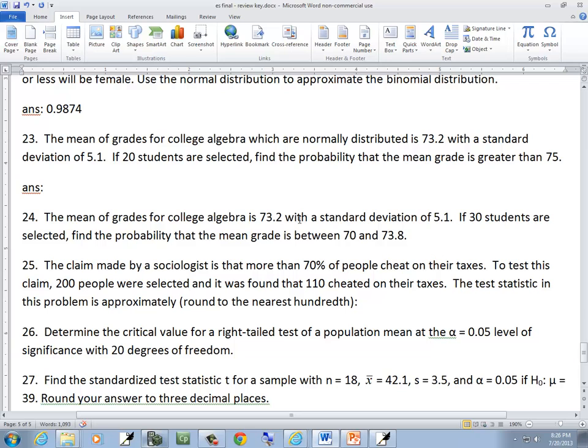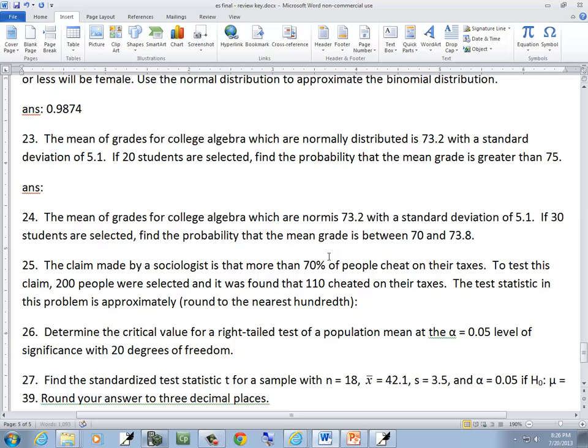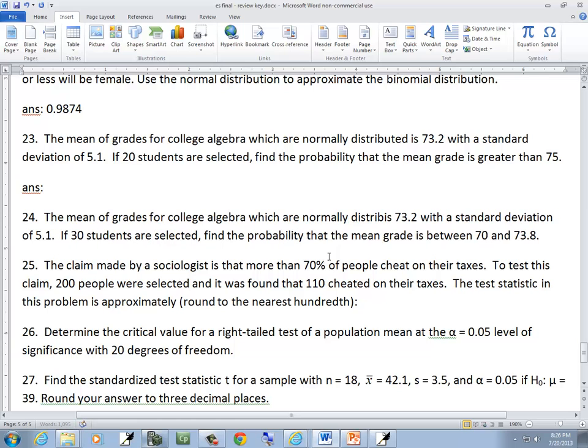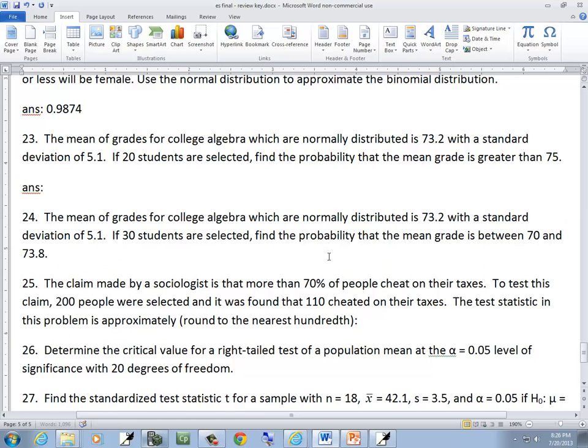Let me change this for college algebra, which are normally distributed. That's a key part. If they don't say that, then you can't just assume you can use normal CDF.